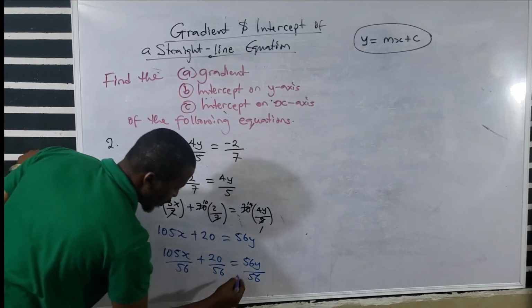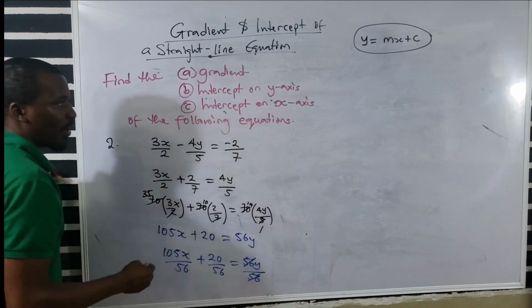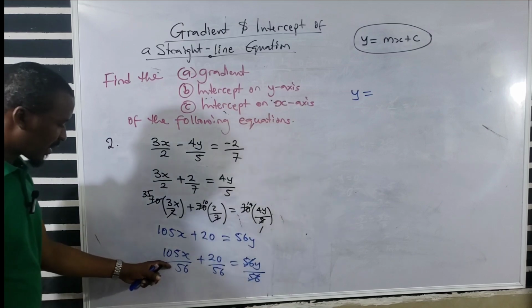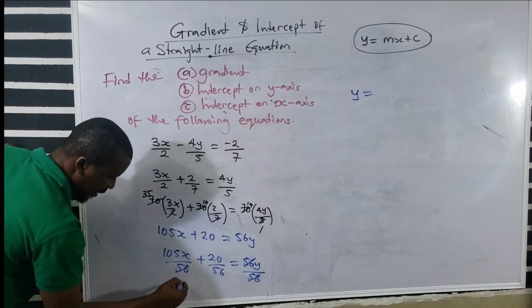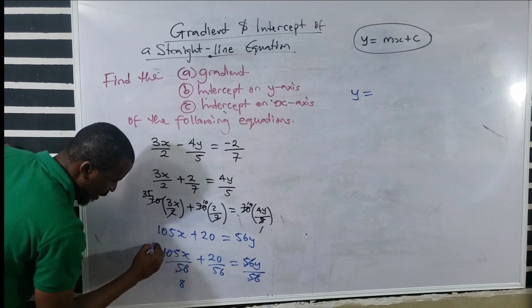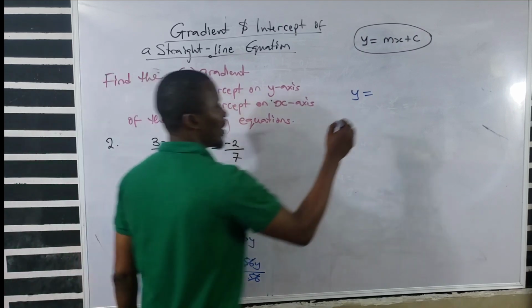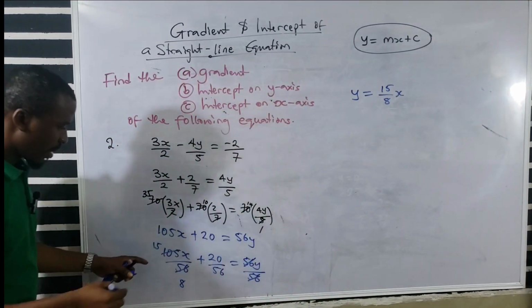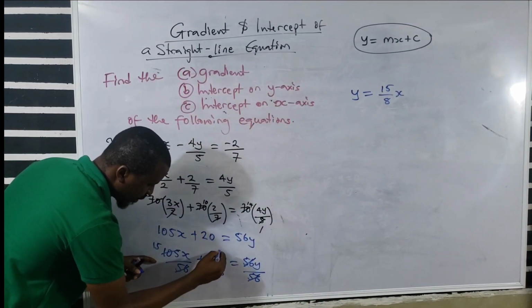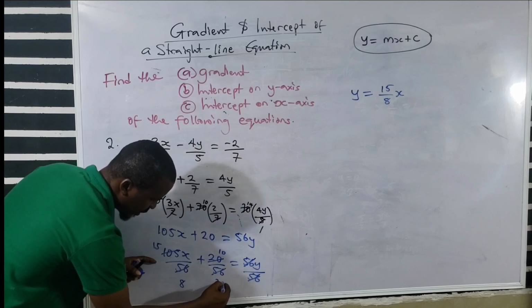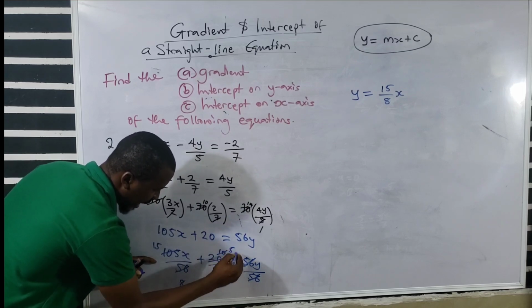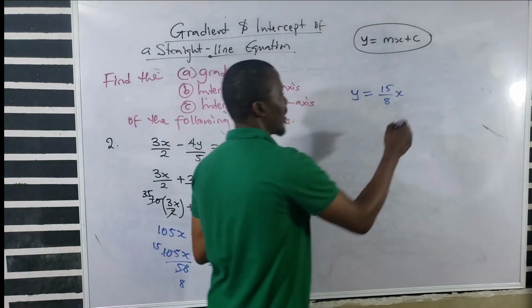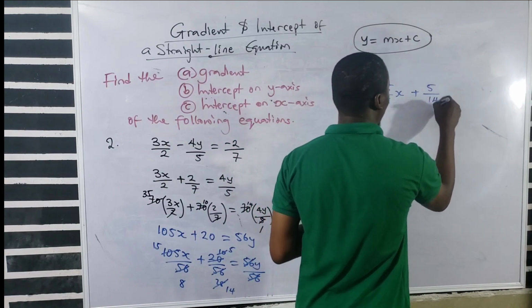So this and this will go, and I'll have y left, equal to, let's start from here. 7 here will give me 8, 7 here will give me 15, so that will give me 15 over 8x. 2 here will give me 10, 2 here will give me 28, 2 here will give me 5, 2 here will give me 14. So that will give me plus 5 over 14.